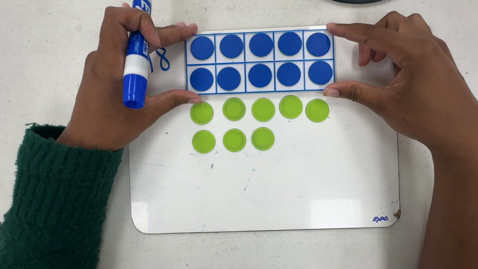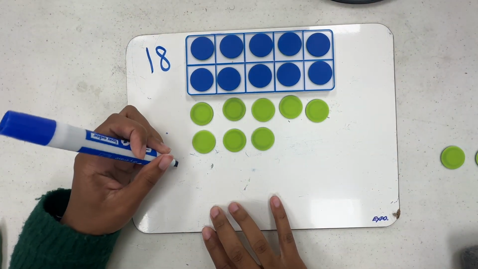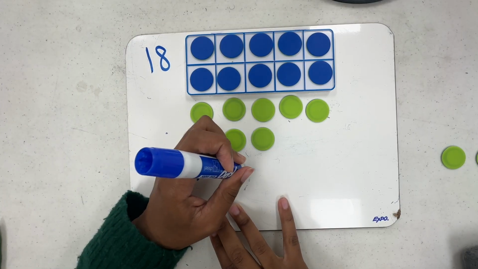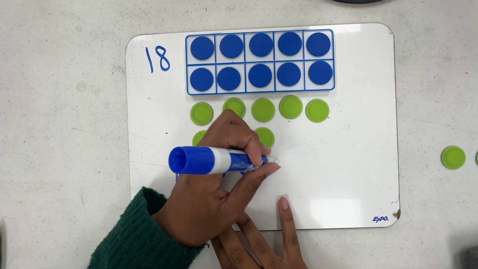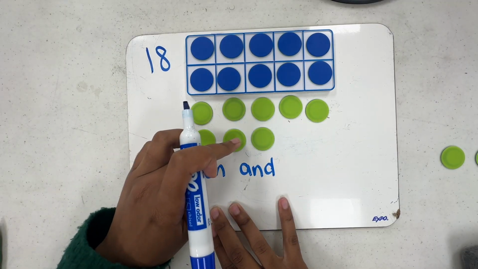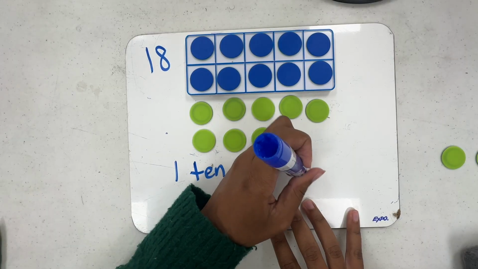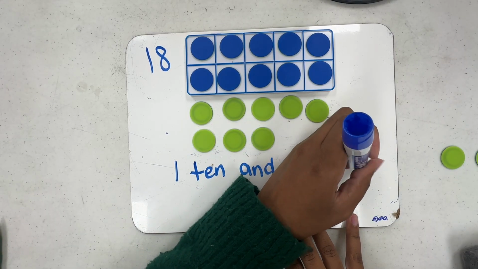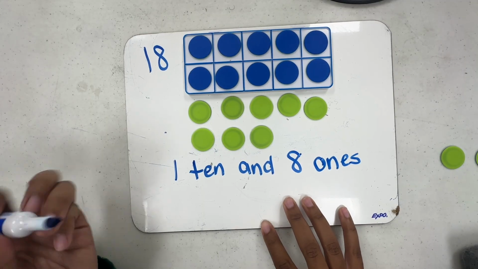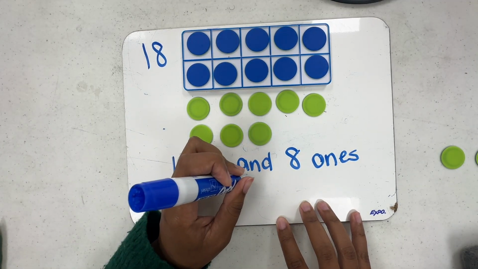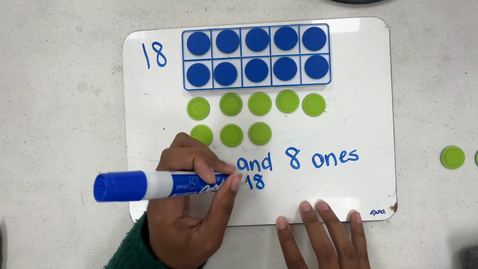Well, I have one group of 10. And 1, 2, 3, 4, 5, 6, 7, 8 1s. If I decompose this into a number bond, my whole is 18.